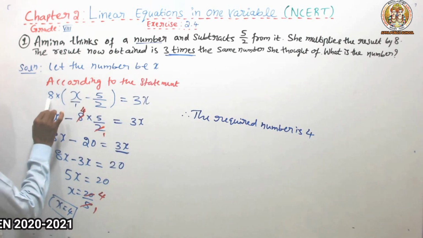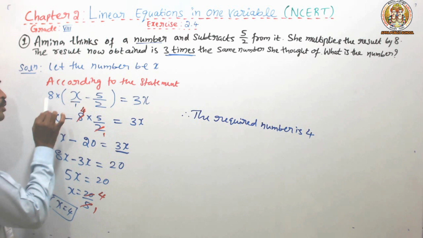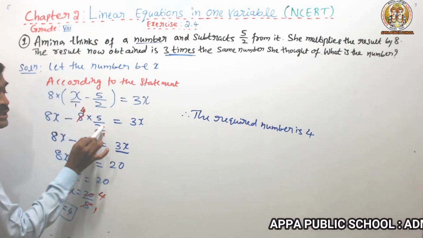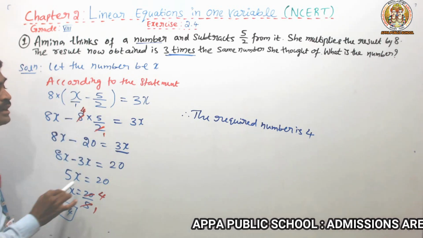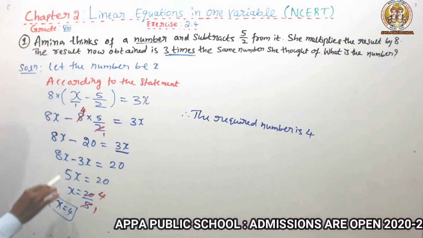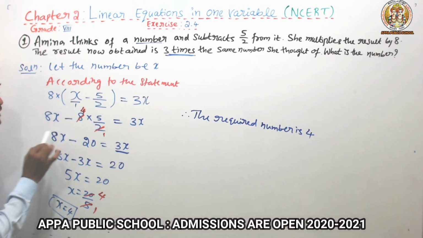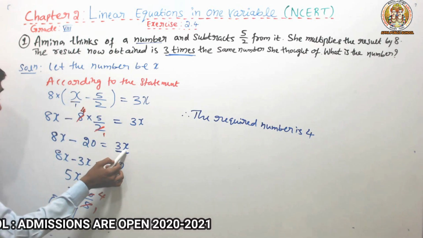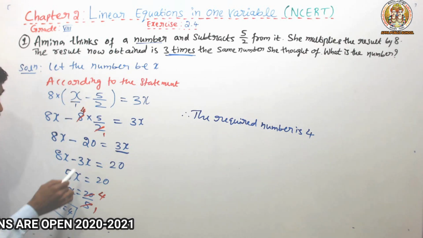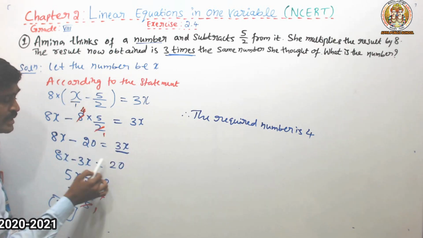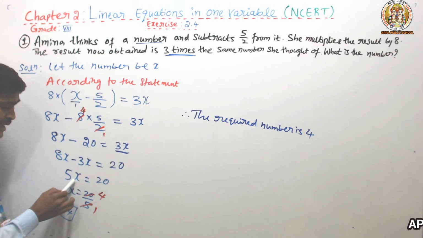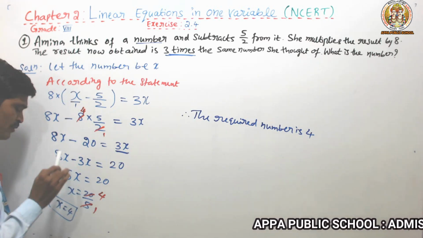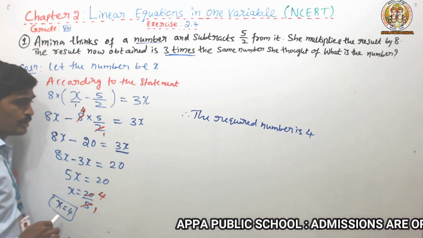Understood? Now 8 is multiplied with both terms. So 8 into x is 8x, plus into minus, 8 into 5 by 2, the 2 cancels with 8 to give 4, is equal to 3x, keep as it is. So 8x minus 4 into 5 is 20, is equal to 3x. Plus 3x transferring to LHS becomes minus 3x, minus 20 transferring to RHS becomes plus 20. 8x minus 3x is 5x, is equal to 20. So x is equal to 20 by 5, which is 4.